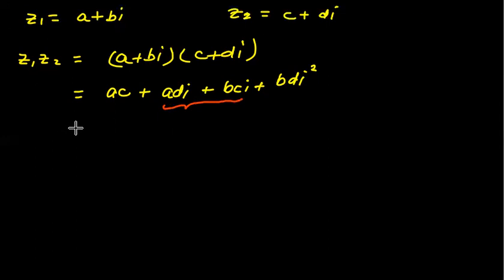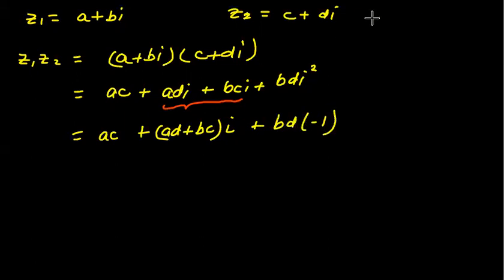So what I'm going to do now is move to my next step, which is ac plus adi plus bci. Now this becomes plus bd multiplied by -1. That's right, I recall that i squared is equal to -1, because the square root of -1 is equal to i.